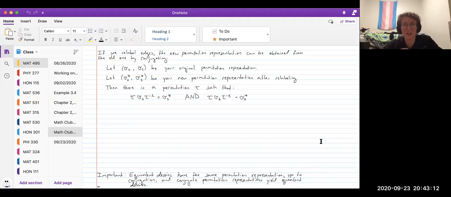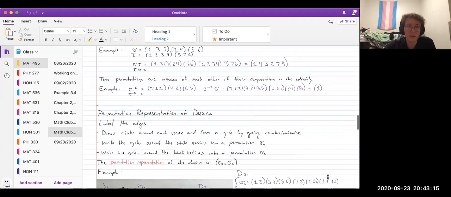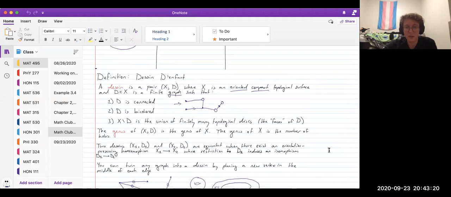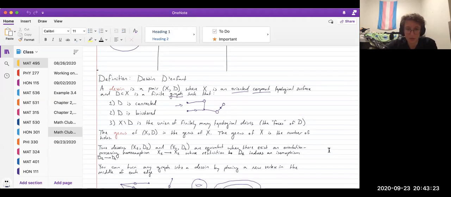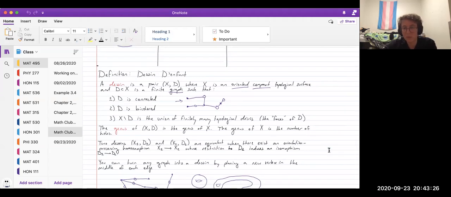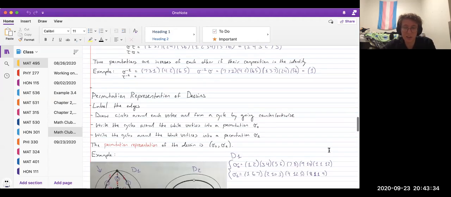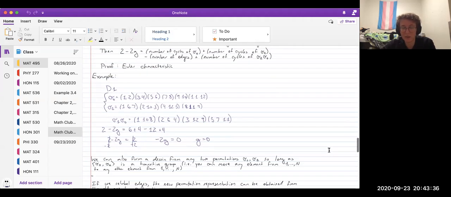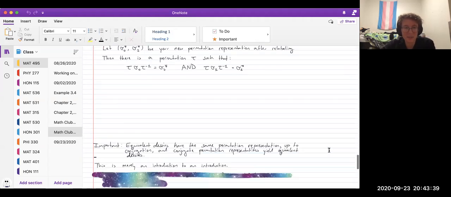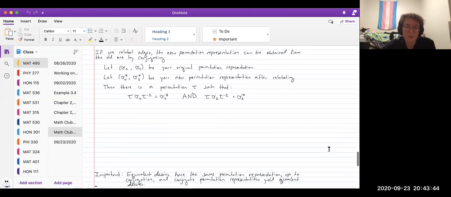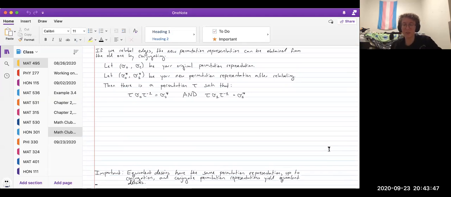Earlier I said that two dessins are equivalent if there's an orientation preserving homeomorphism that induces an isomorphism between the graphs, which intuitively is just a nice map that makes things look equivalent to each other. So when dessins are equivalent, their permutation representations are essentially the same thing.